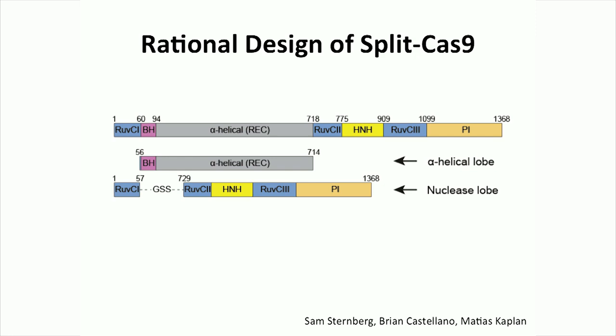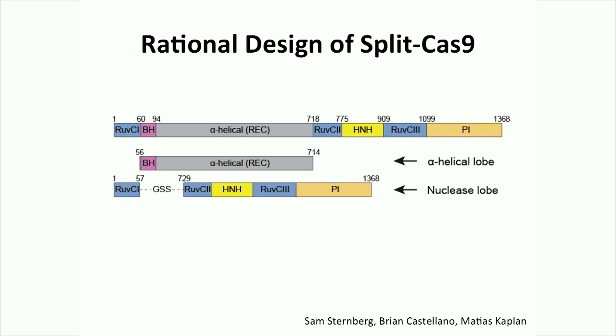So they fold up, they come together in three-dimensional space to form one of the active sites of the enzyme. The other active site is here, in between two of these parts of the RuvC domain, the HNH domain. And then we've got this very large alpha helical or REC domain in the center that is responsible for binding to much of the guide RNA.